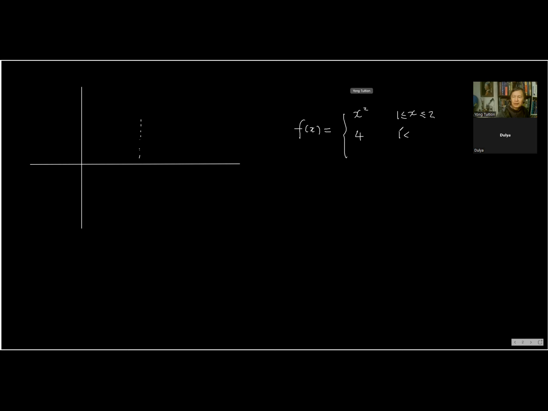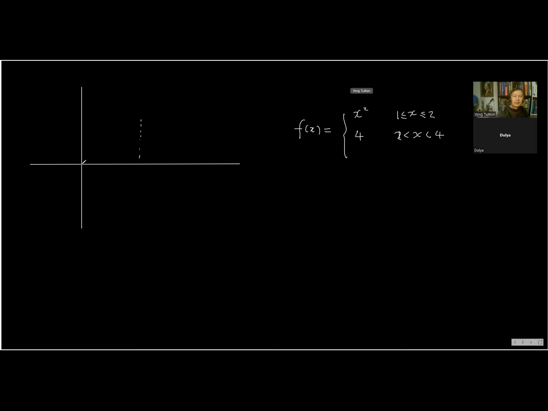So this is x equal to 2, and that is 4. So that is x equal to 2 and 4. And after that, I will just start from the simple one. One part is a parabola.